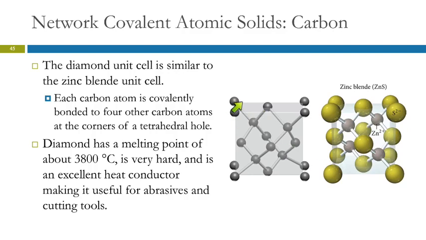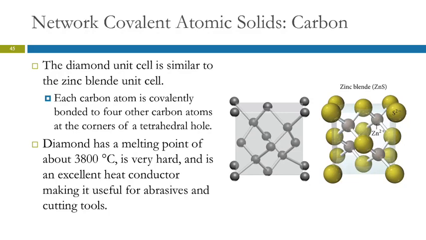In a diamond, you have carbon atoms in the face centers, but then you also have 4 carbon atoms in the tetrahedral holes, and they're all covalently bonded together. So in this diamond structure, the carbons now have 4 covalent bonds, and so they're pretty happy with that. Diamonds don't conduct electricity, though, because there's not that pi bonding network for the electrons to move. So they're kind of stuck.